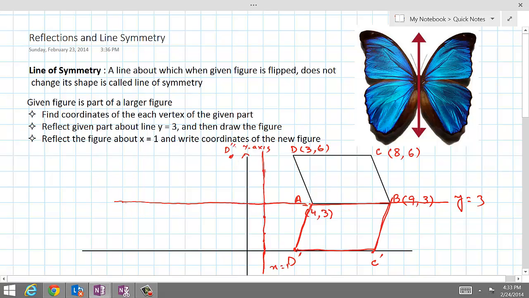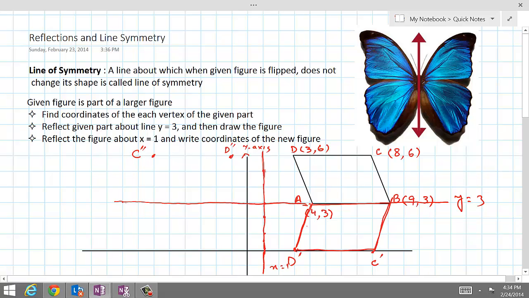And C: 1, 2, 3, 4, 5, 6, 7. So C is 7 units away from this line toward right. Now it will go 7 units toward left. Therefore, 1, 2, 3, 4, 5, 6, 7 over here. So this would be C double dash.